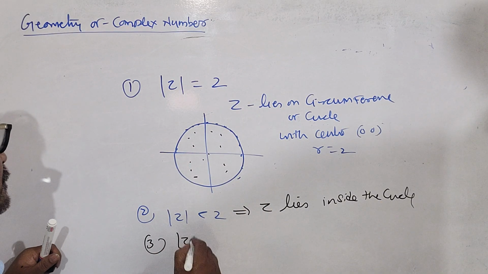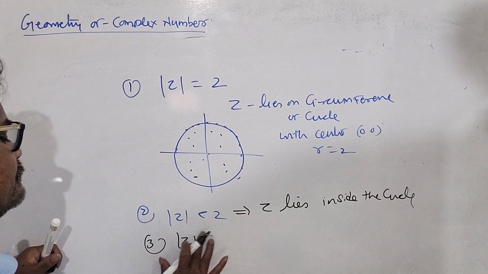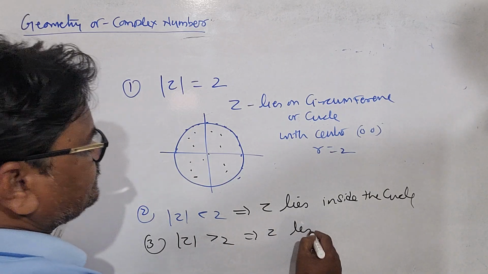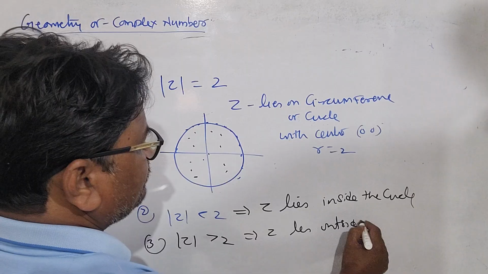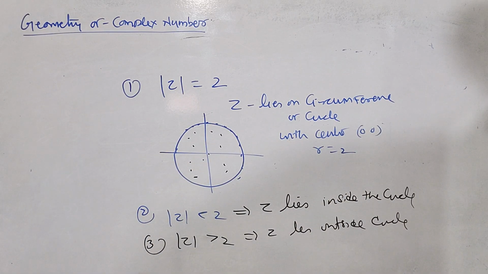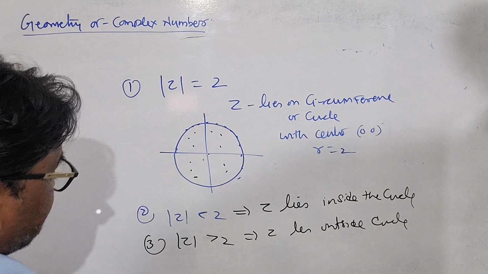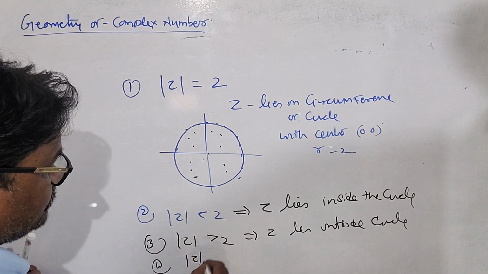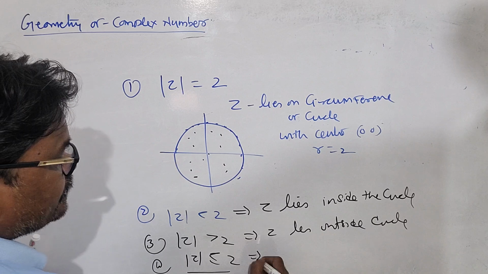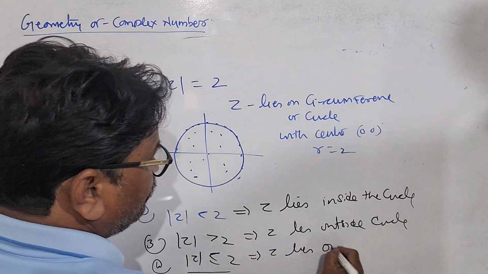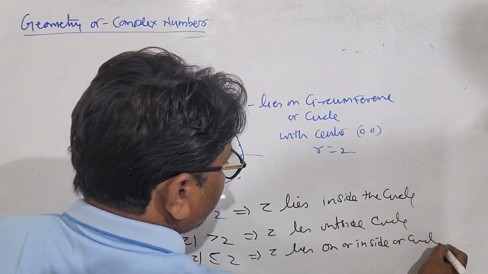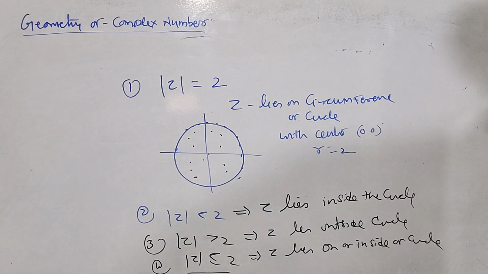And third, if modulus of z is greater than 2, then definitely z lies outside the circle. Which circle? Circle with center at 0 comma 0, radius 2. And if I say that modulus of z is less than or equal to 2, then z lies on or inside the circle, correct? On or inside the circle, and like that.